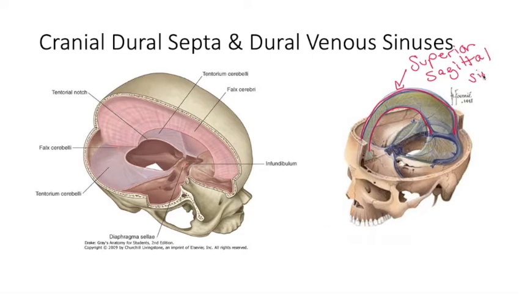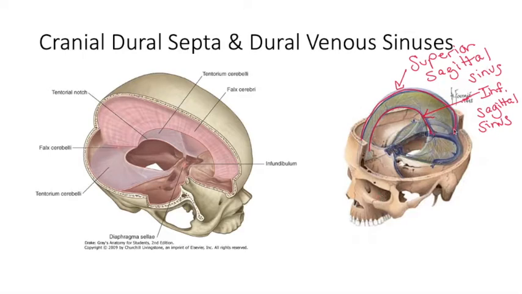Again, sinus means space, but sometimes they're filled with things like venous blood. And you can imagine what this one's called. That is the inferior. Run out of room, but you get the point. Sagittal sinus.